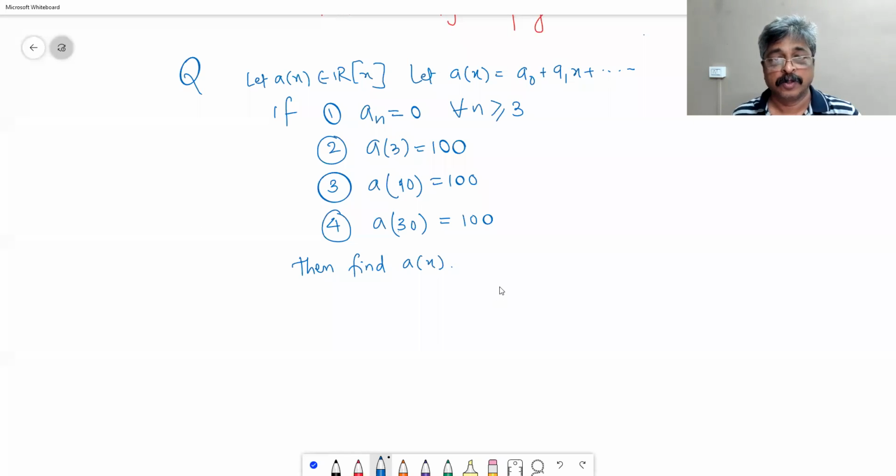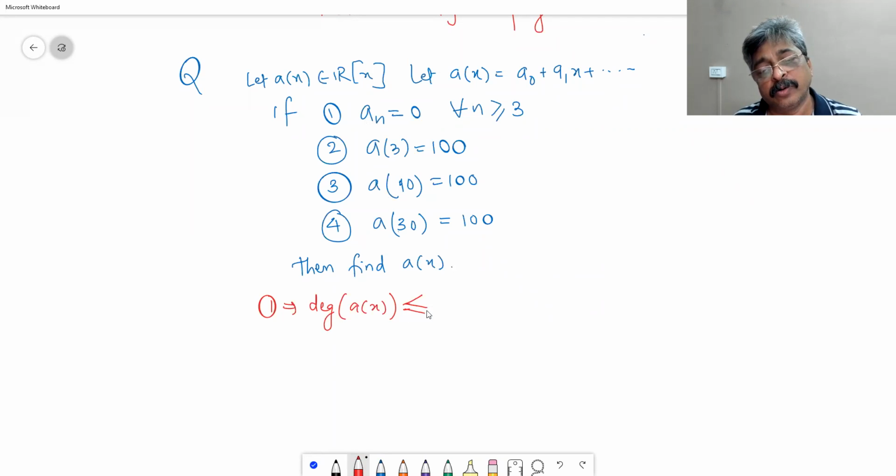Okay. Now, for every n greater than or equal to 3, an is equal to 0 implies the degree of a of x is less than or equal to 2, correct?